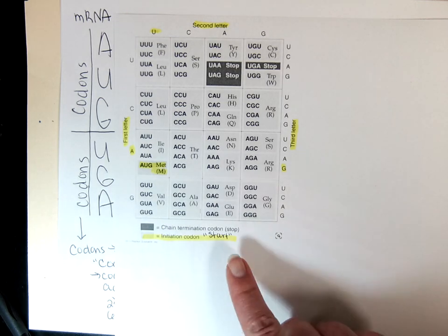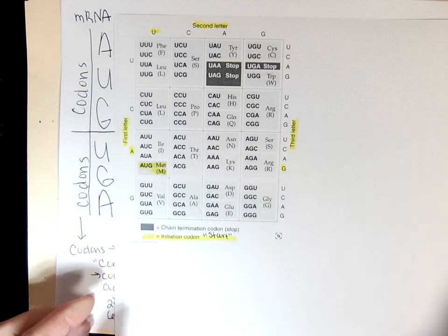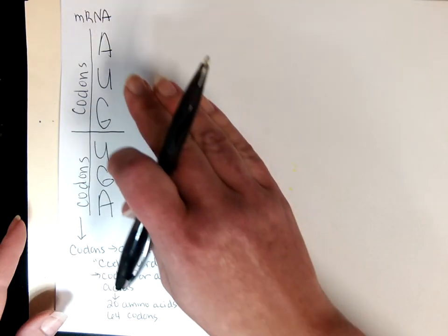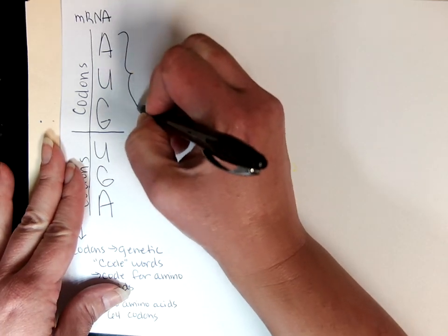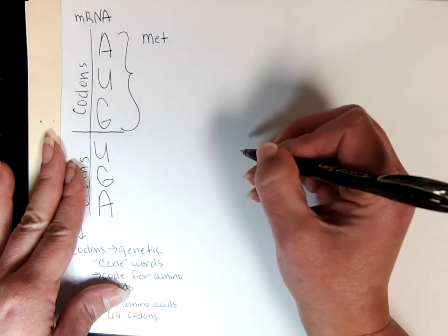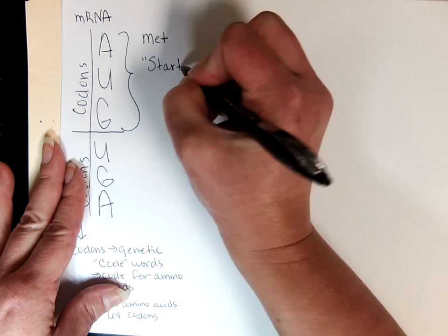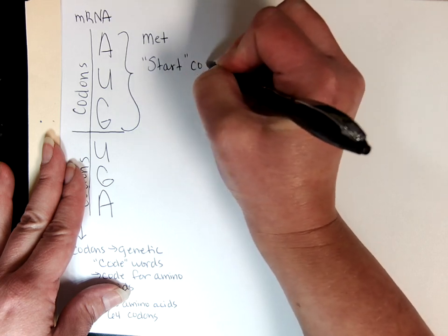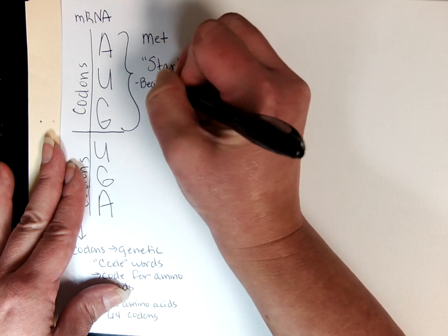That means it's the start of this gene that codes for a protein. So on our note sheet, we need to make sure that we include that. AUG does stand for the amino acid methionine, but it is our start codon. It's the beginning of our gene.